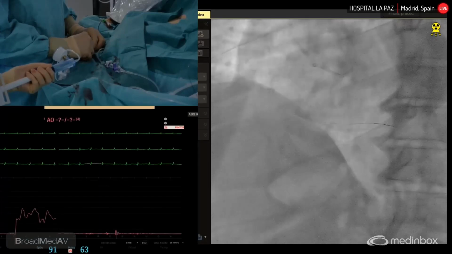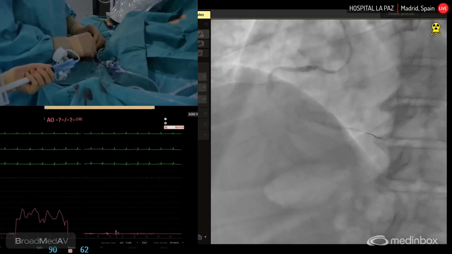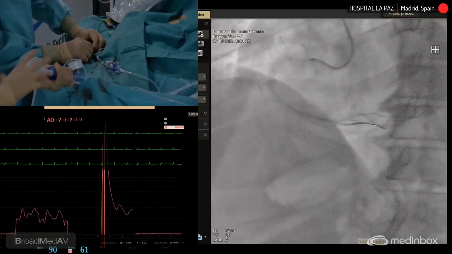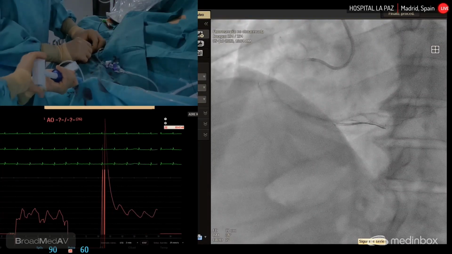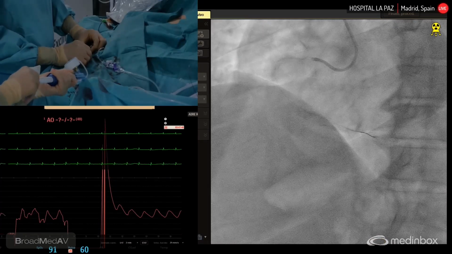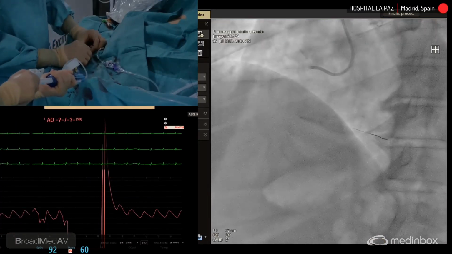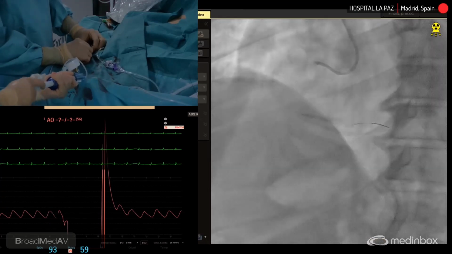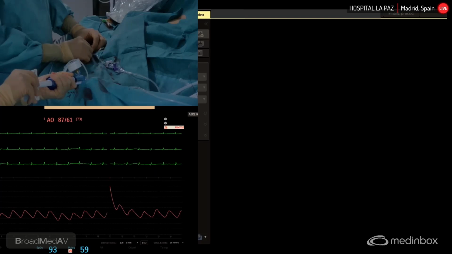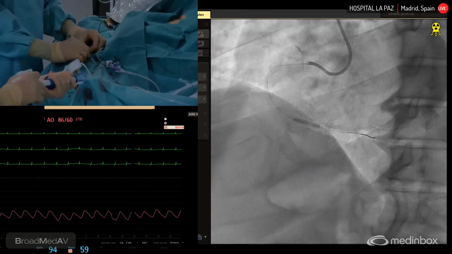Un toquecito. Test. Vale. Infla, 6 atmospheres. ¿Sí? 12, 14, 16.